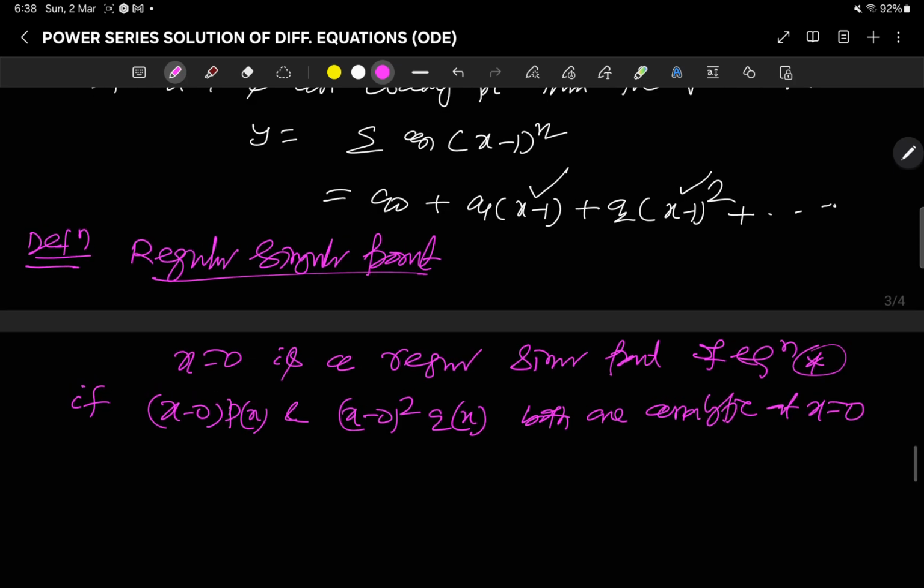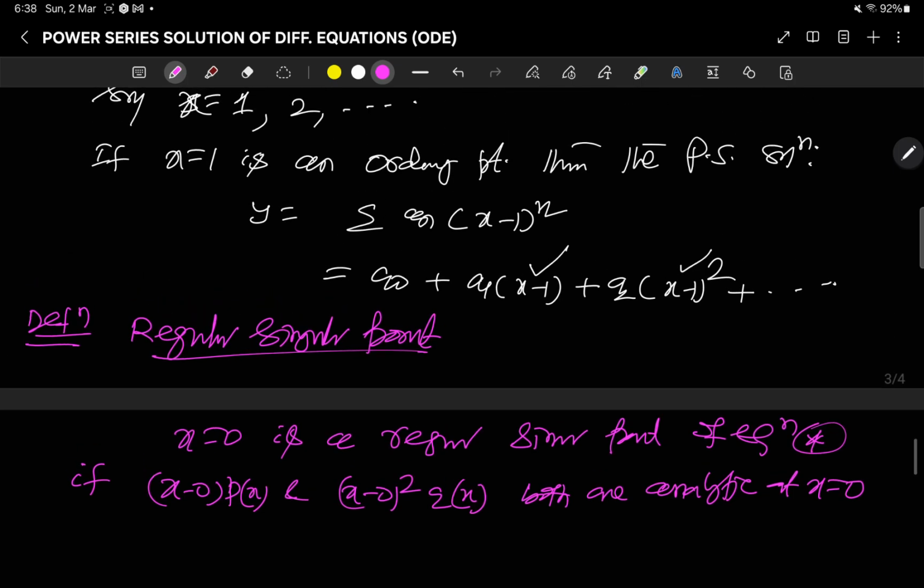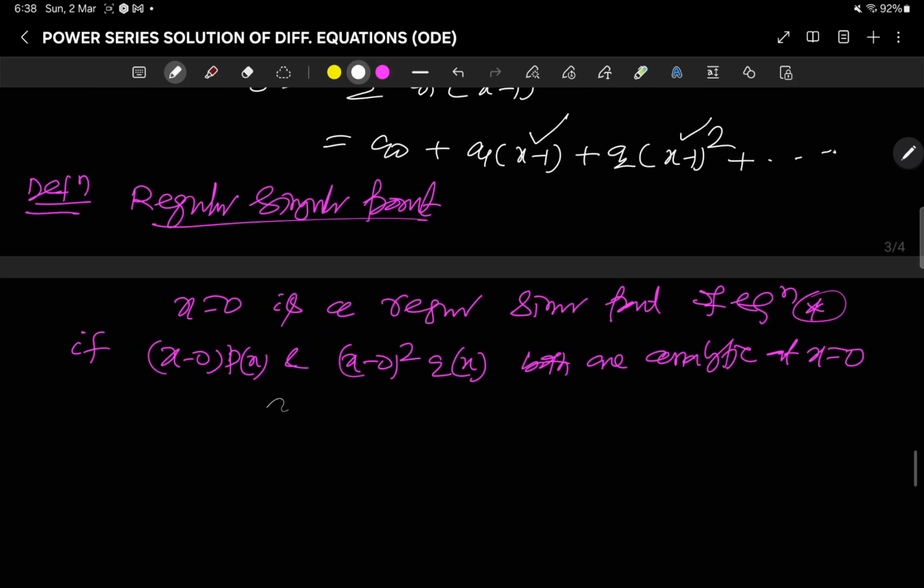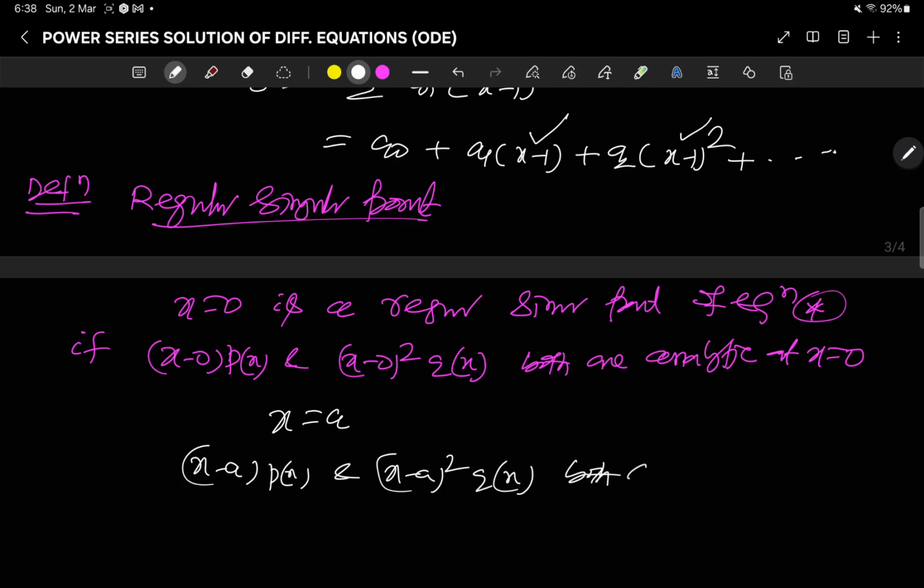Right, both are analytic at x is equal to 0. Instead, if x is equal to a, then I write x minus a into px and x minus a whole square into qx. Both are analytic, right, at x is equal to a.